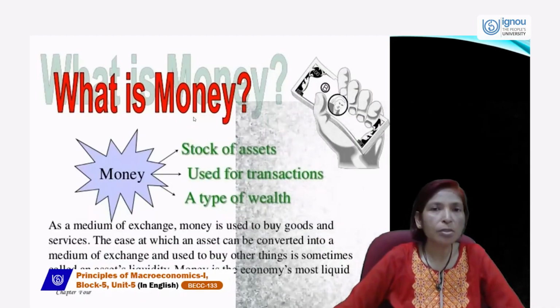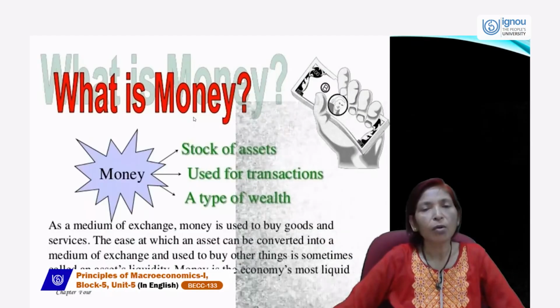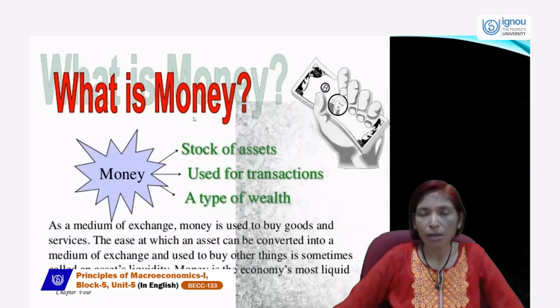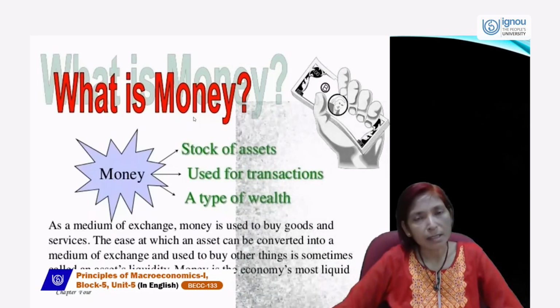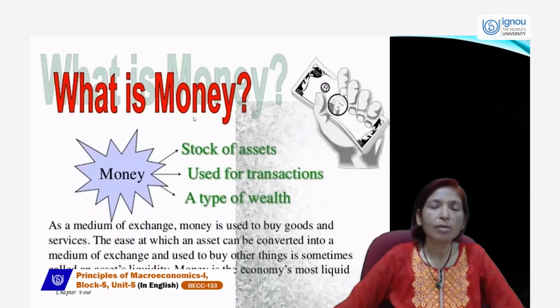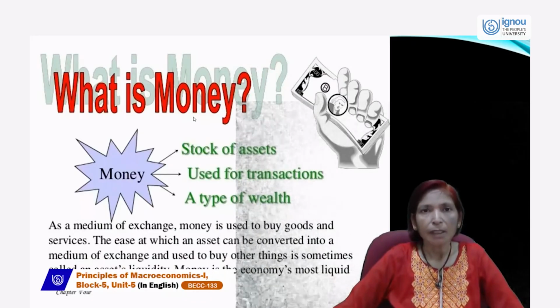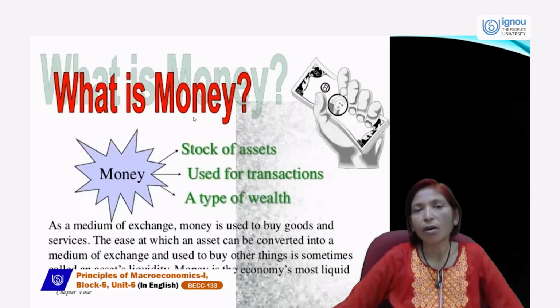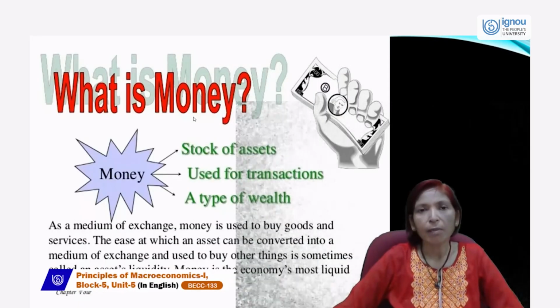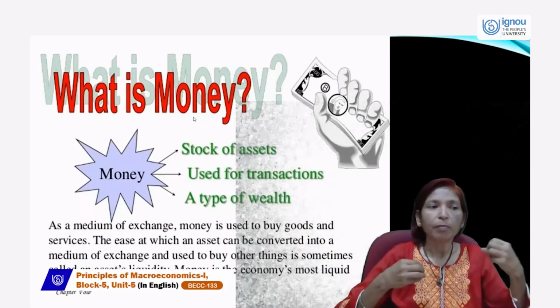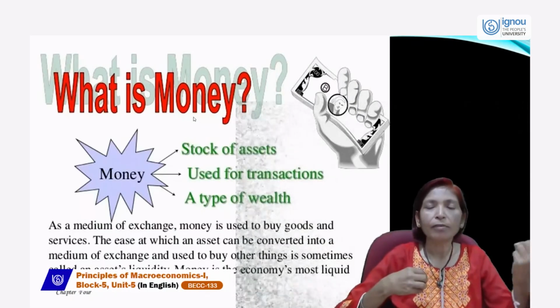Deferred payments are those payments which are known as postponed payments, which we have to give in future, not at present. So money can be used for all these things; all these functions money performs. That's why Crowther's definition is called the best definition of money, because Crowther includes all the functions of money in one single definition of money.